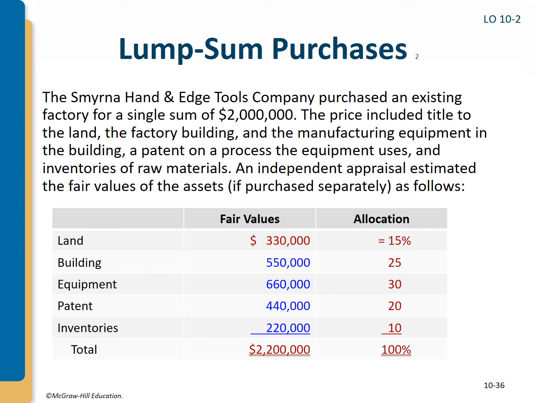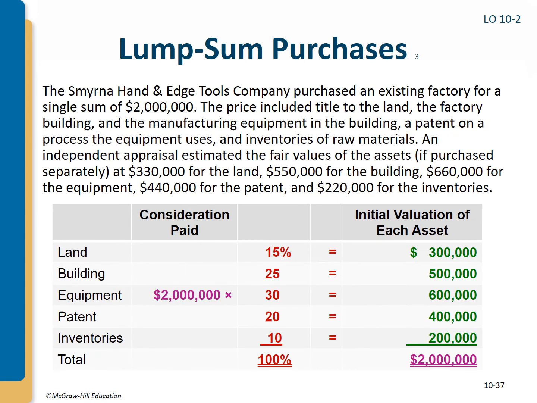The equipment, 660,000 divided by 2,200,000. So 30% of the value is in the equipment. And you do the same with patents and inventories. So it's this percentage of the 2 million that will be how you allocate that $2 million.